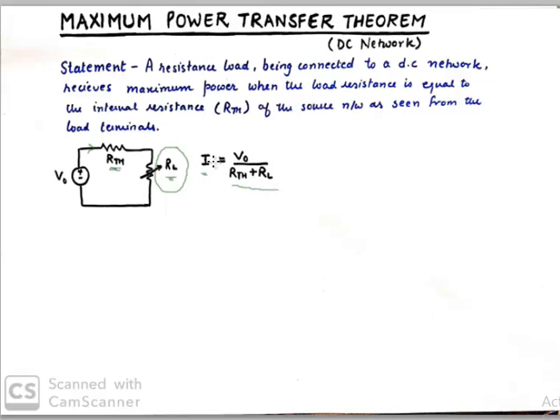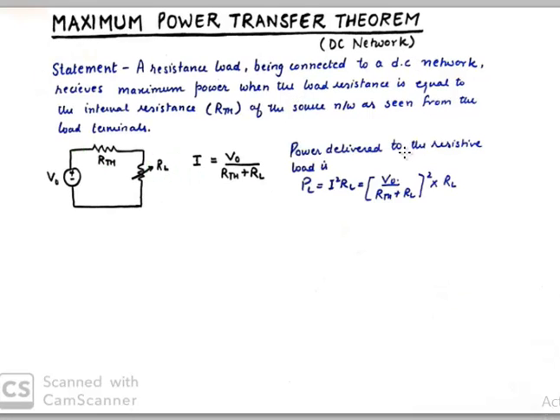Two resistances in series, and the derivation becomes pretty easy because we wish to find the power delivered to the resistive load, which is I square RL, and the current in this circuit will be V0 upon RTH plus RL. So substituting the current's value here, I get current square into RL.